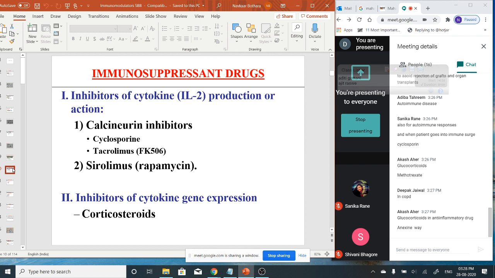Okay, so when I was telling about this, why you need immunosuppressants, you have some reasons already. You have seen this. In bronchial asthma, you have used anti-inflammatory agents in severe inflammation. Why are you using an immunosuppressant drug in inflammation? What is the reason?